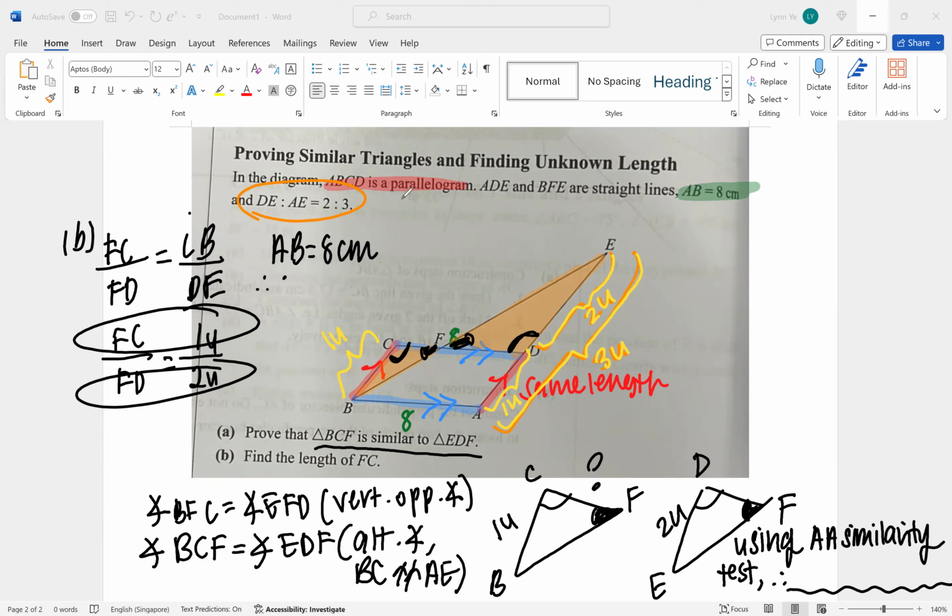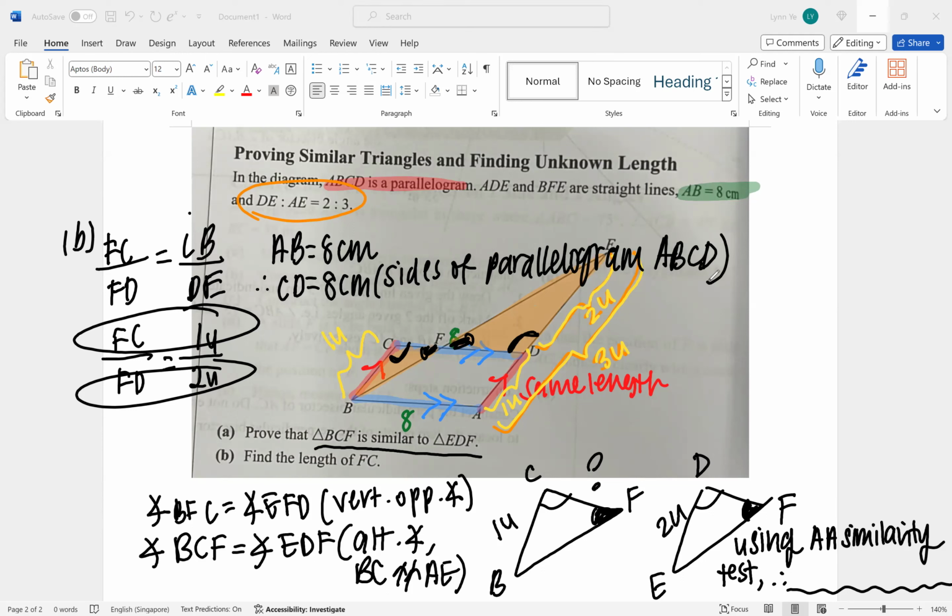Parallelogram. What about a parallelogram? If you know 8 is equal to 8, using the parallelogram, what can you say? Yes, CD is also equal to 8 cm because they are the what? Sides of parallelogram ABCD.